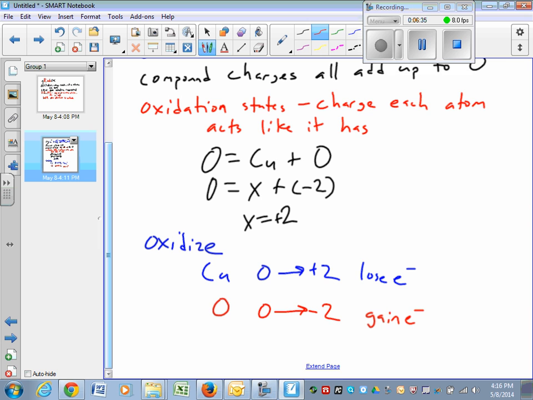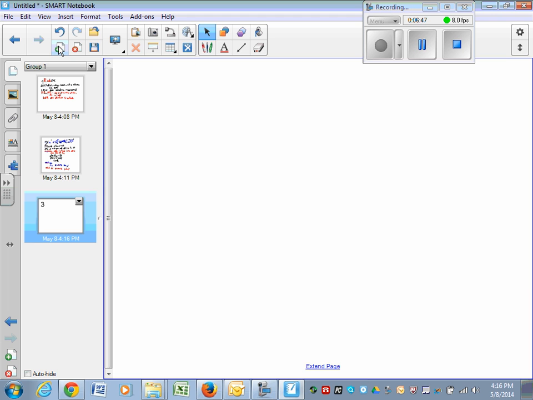Once we've found out what's been oxidized and what's been reduced, we sometimes want to know about the oxidizing agent and the reducing agent. So an oxidizing agent is something that makes another element get oxidized.